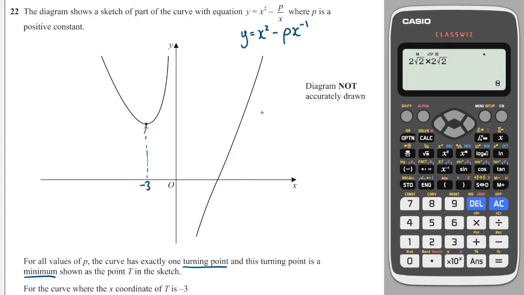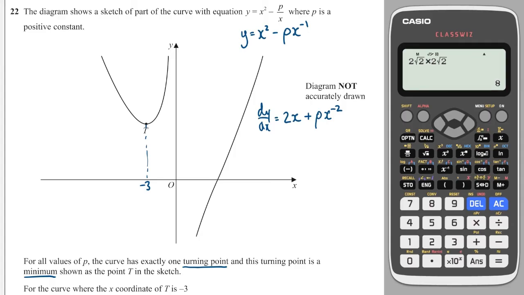So differentiating that, I write dy by dx is equal to, the 2 comes down times by the 1 at the front, I guess, and then x, and I drop the power down from 2 to 1. Here, minus 1 times by that negative at the front becomes plus, and we have p x to the minus 2 now.